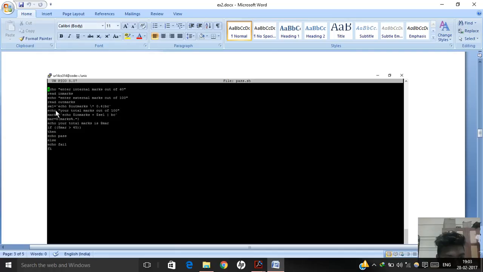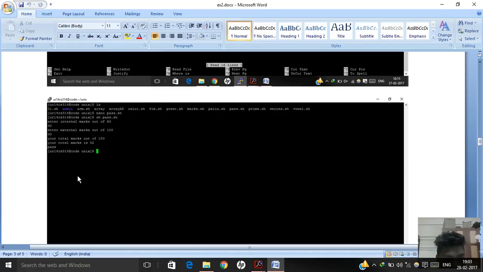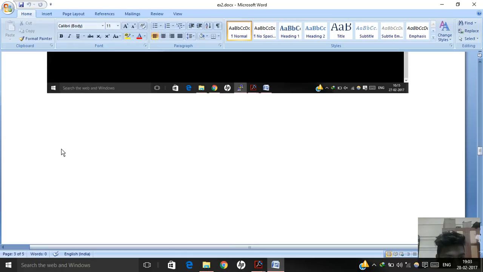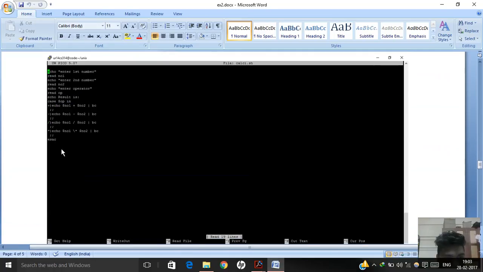Then sel equals that formula, then it will show the output, and then one more formula is there for the mark. Then if the mark is greater than 45, it will print pass, or else fail. So as you can see, I have given internal 40 out of 60, and external 30 out of 100. So the total marks out of 100 is calculated as 52, and then it will show that the user is pass.